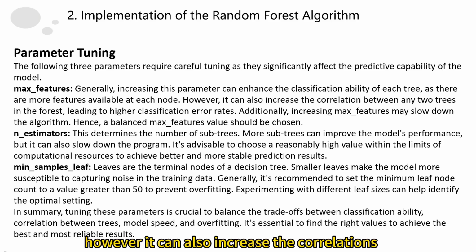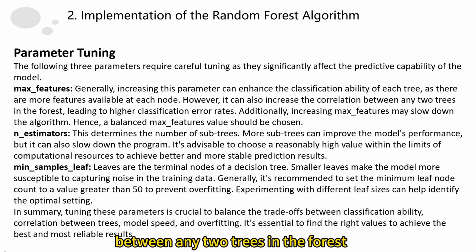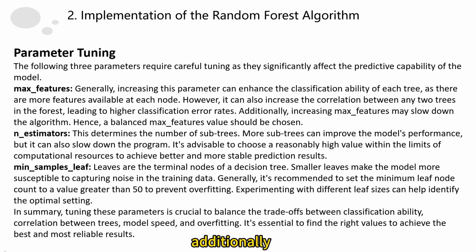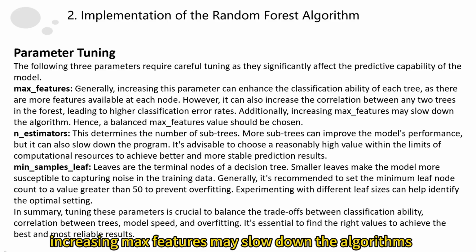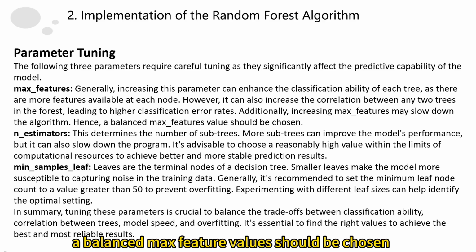However, it also increases the correlations between any 2 trees in the forest, leading to a higher classification error rate. Additionally, increasing max_features may slow down the algorithm. Hence, a balanced max_features value should be chosen.